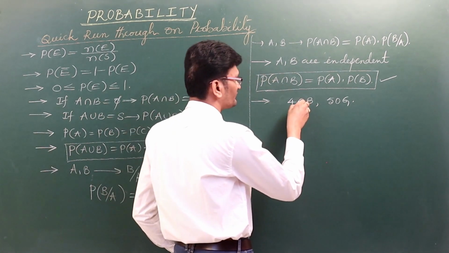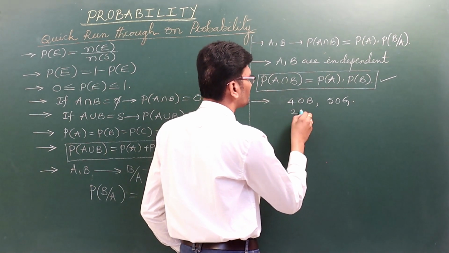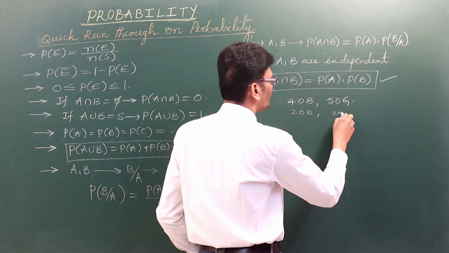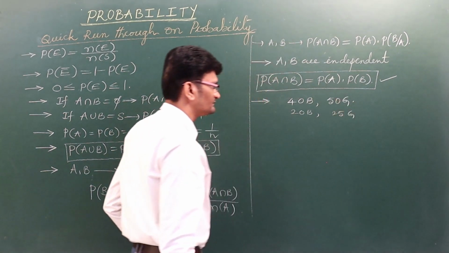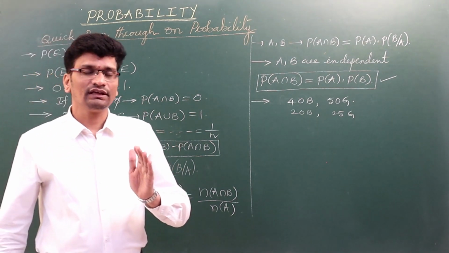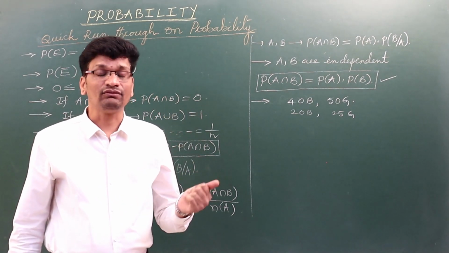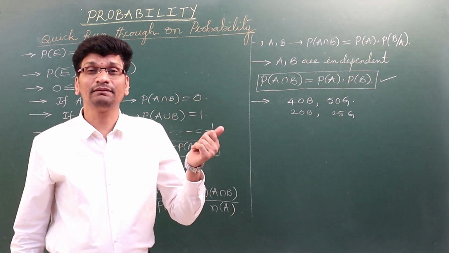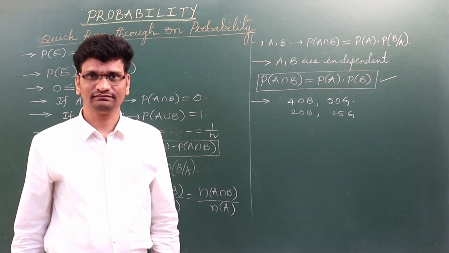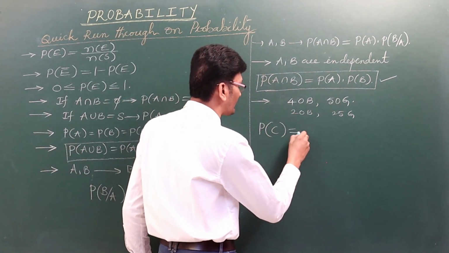In 40 boys, 50% means 20 boys know cricket and 25 girls know cricket. From such a class, if we select randomly one person, then what is the probability that the selected person is a cricket knowing person? So, what is the event? Knowing cricket is the event.